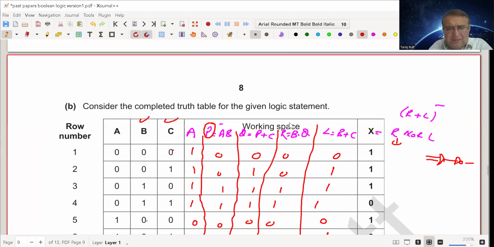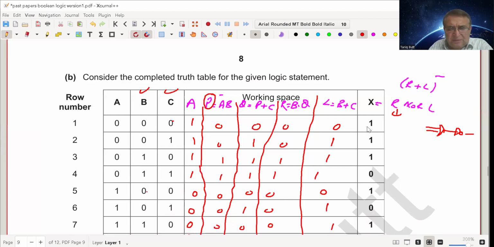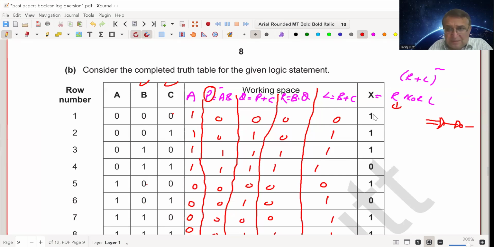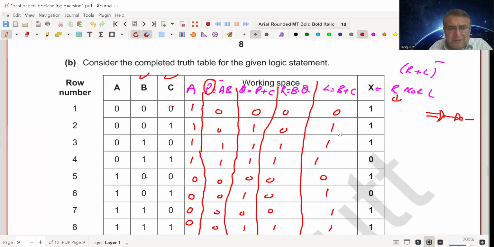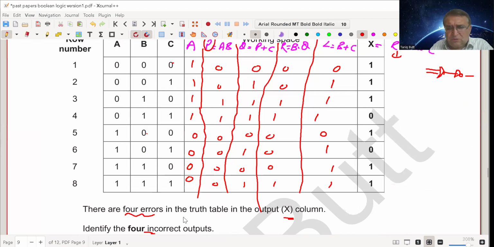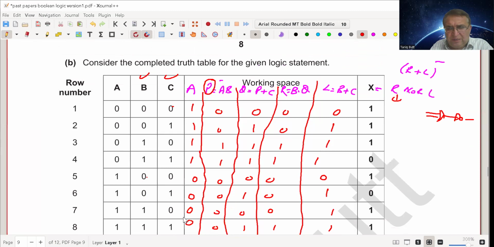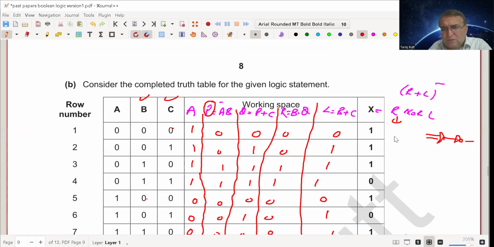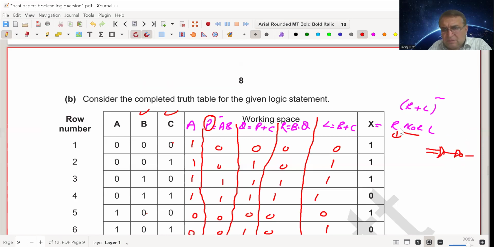It is given that the truth table is shown and X is given as a part of the question, but it is mentioned that there are 4 errors in the truth table in the output column. You have to identify those. We can only identify them if we solve the question ourselves, find the discrepancy, and then identify where the error lies.